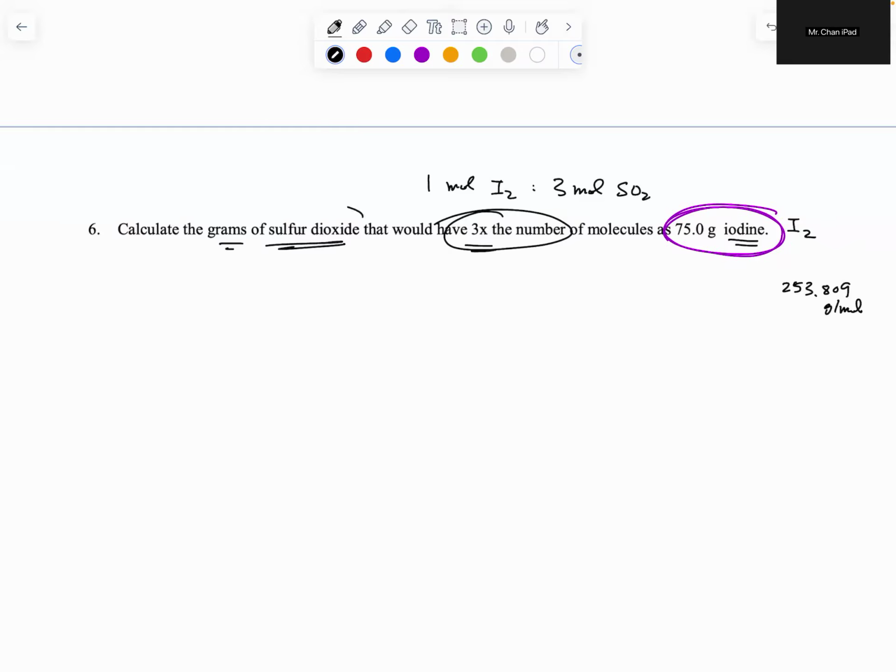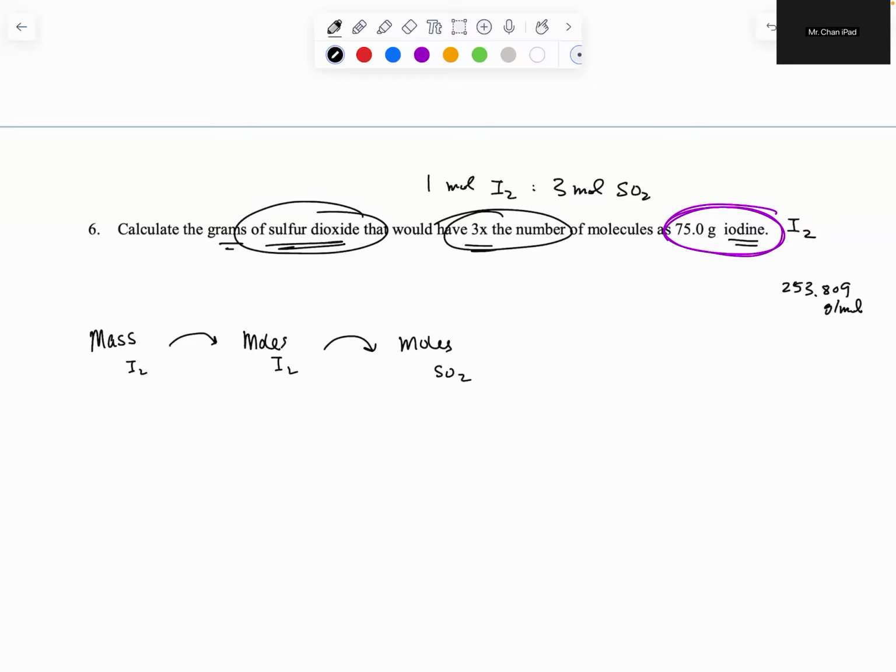All right, and then we say, hey, what about the grams of sulfur dioxide? Well, if you follow the logic, let me go ahead and write down the logic right here. You have mass of I2. If you know the mass of I2, then you should know the number of moles of I2. And then if you know the moles of I2, then you should know the moles of SO2 because you know it's three times as much.